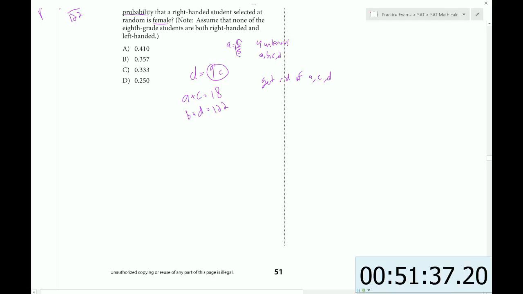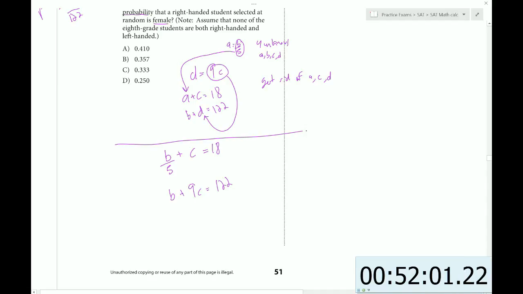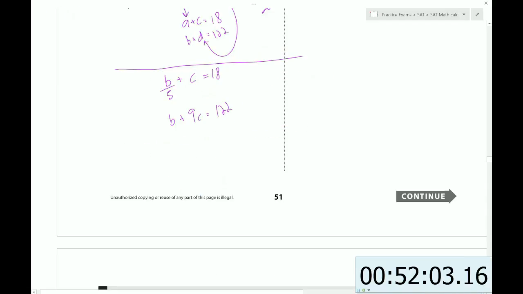And then we can plug in B over 5 for A in this equation here. Okay? So we get B over 5 plus C is equal to 18. And then we do the same thing that we would have done here. We would have done B plus 9C equals 122. Okay, so now we have a system with just B and C involved.